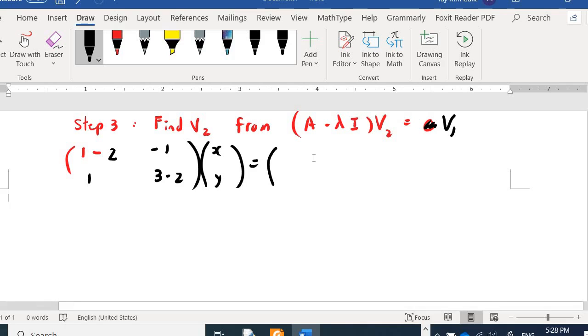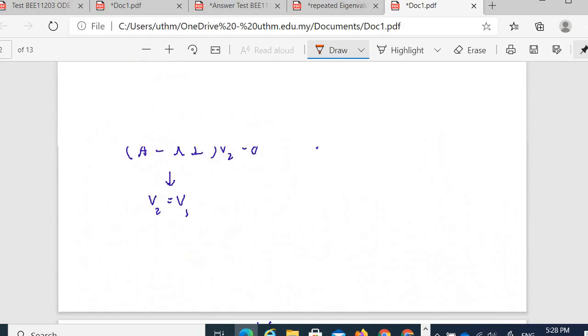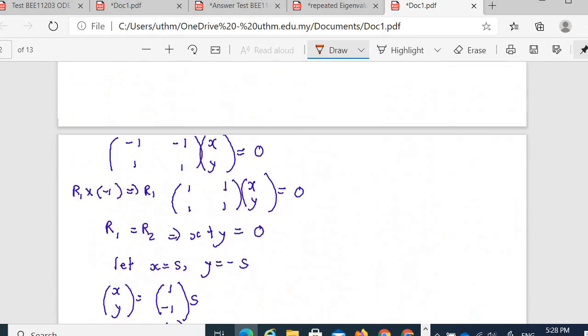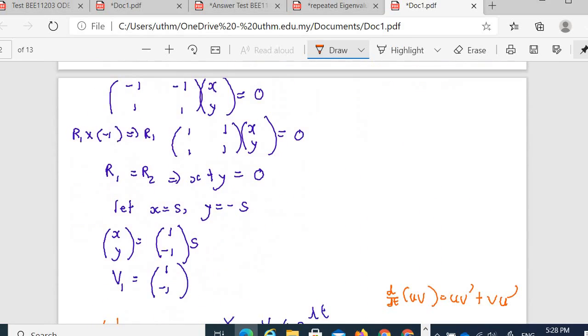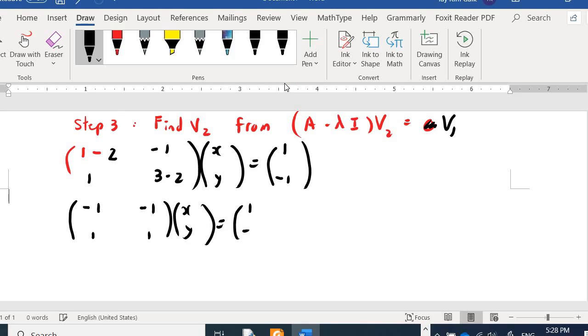What is V1 that we obtain? Negative 1 and negative 1. So that is 1, negative 1. Then you simplify it: negative 1, 1, negative 1, 1, x y equal to 1, negative 1.